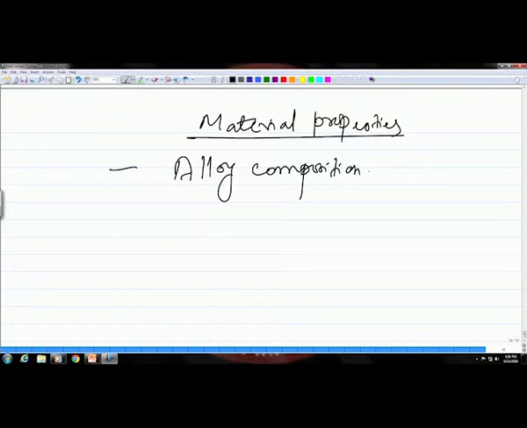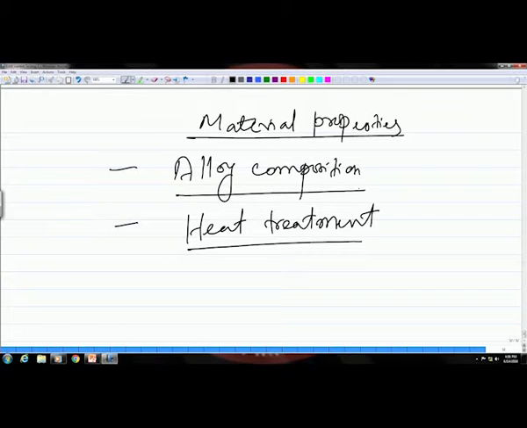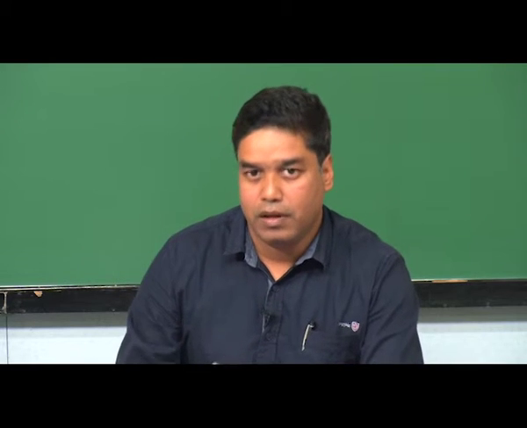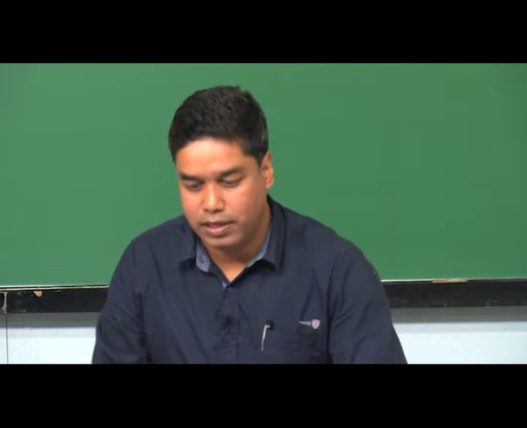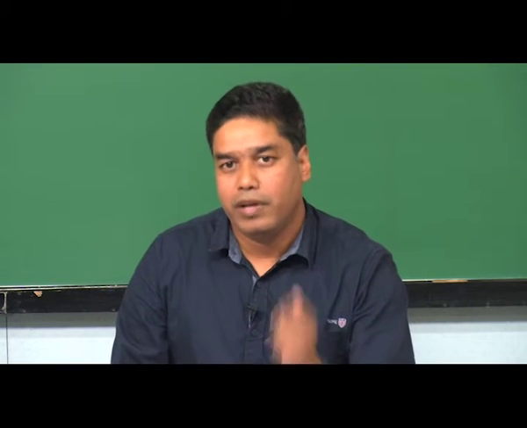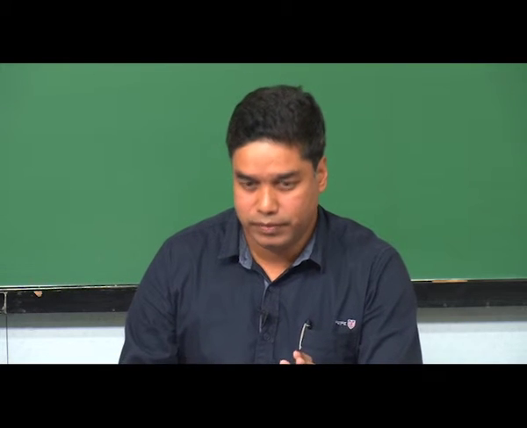If you have an alloy, different alloys have different properties, including the conductivity, which can vary from one alloy to another. Then, most of or many of the parts are subjected to heat treatment to impart certain properties on the surface. So, anything which can change the surface property or the bulk property of the material which is connected to eddy current will affect the results of the eddy current.